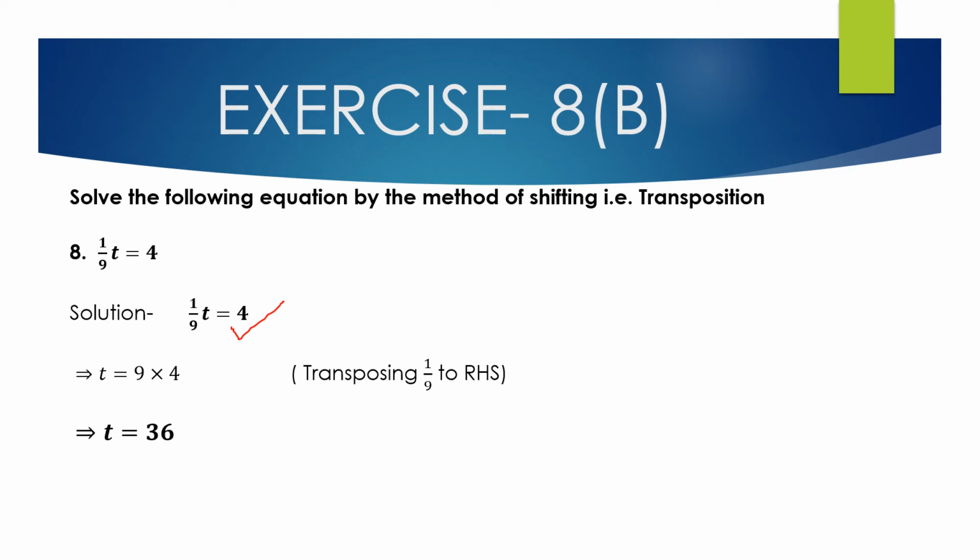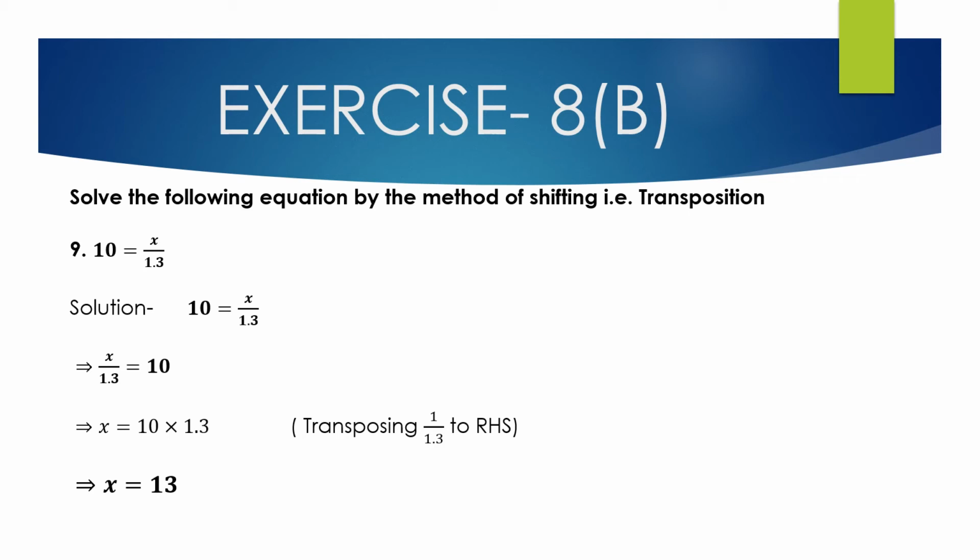Now t will be, 1 divided by 9 on the left hand side, 1 divided by 9 transposed to the right hand side, then 1 divided by 9 changes to multiplied with 4. Then t equal to 9 multiplied with 4. 9 multiplied with 4 is 36. Now we get t is 36. So value for the variable t is 36.